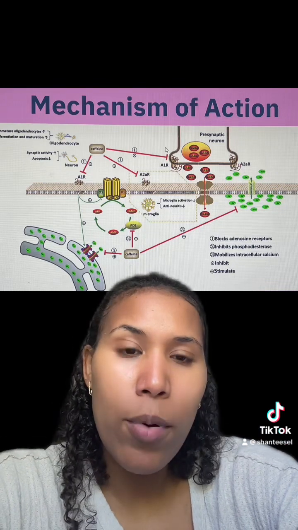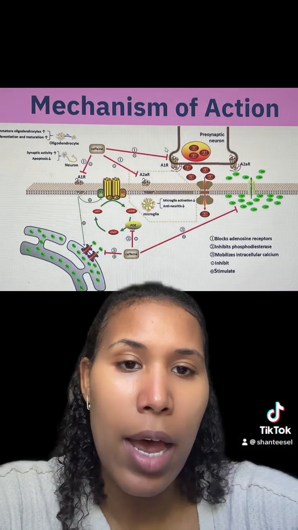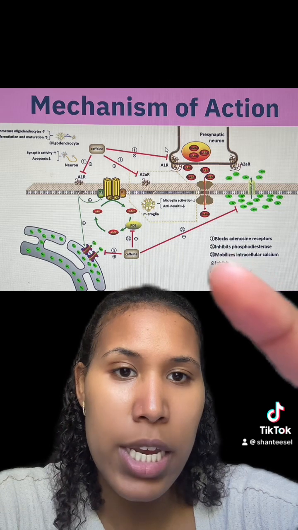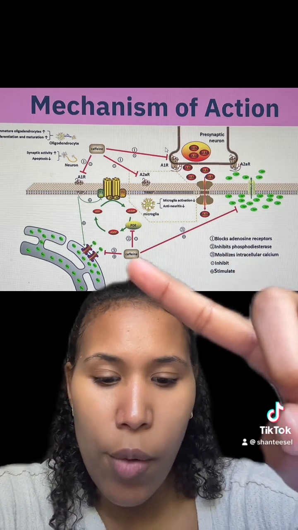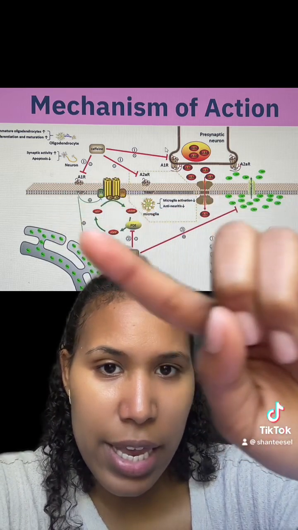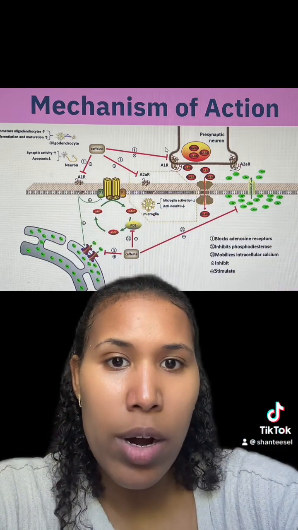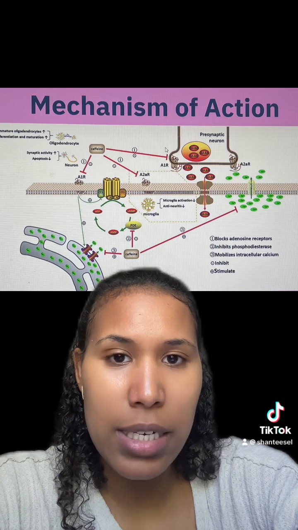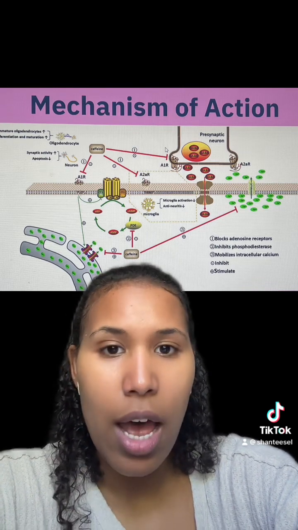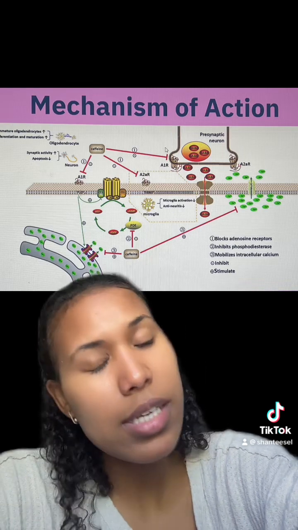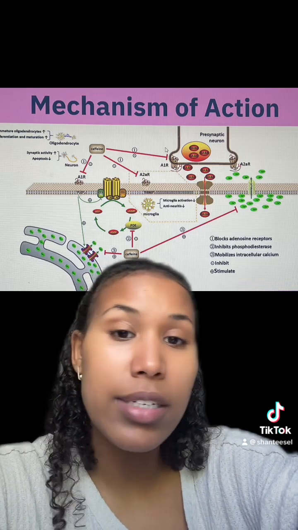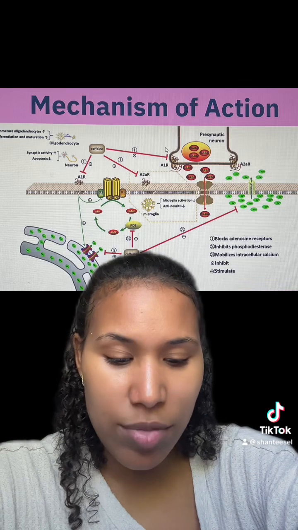The second portion of this mechanism is mentioned here. It says inhibits phosphodiesterase. So in this area here, you have your phosphodiesterase being inhibited, which allows for increased cAMP levels. cAMP stands for cyclic adenosine monophosphate.